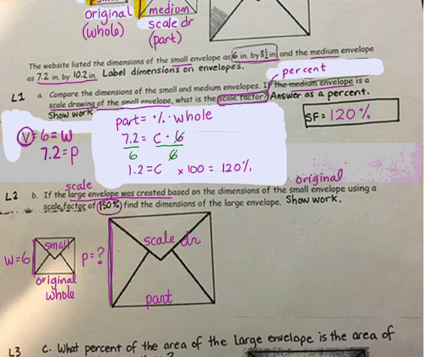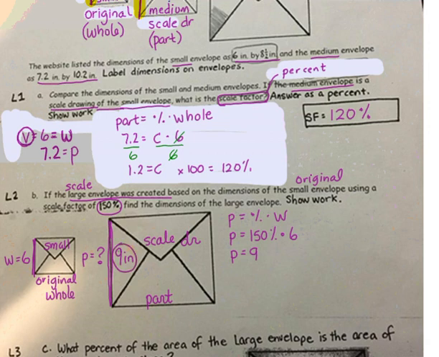So our first equation, part equals percent times whole. The part is what we're looking for. Our percent is 150%. Multiply that by the whole, which is the original vertical length of 6, and that gives us a new measurement of 9. So this dimension, the vertical number, is 9 inches.